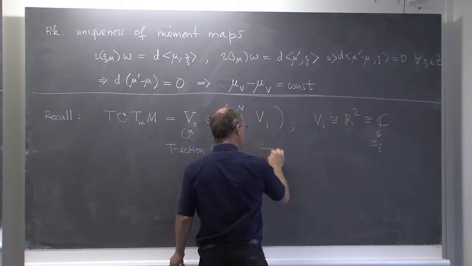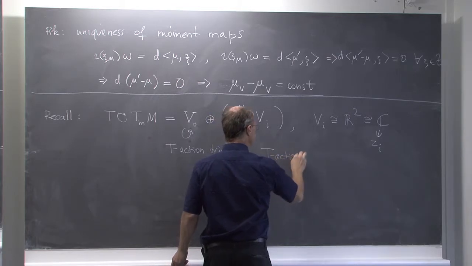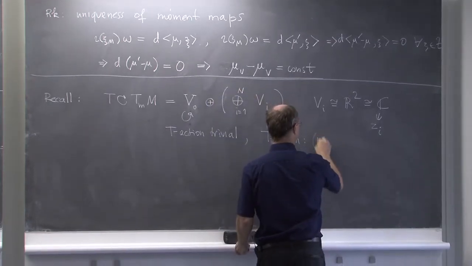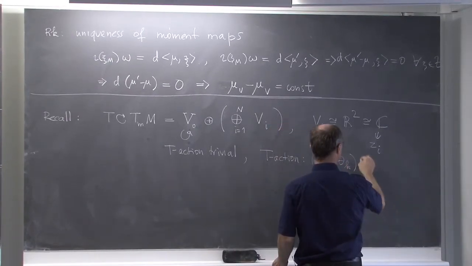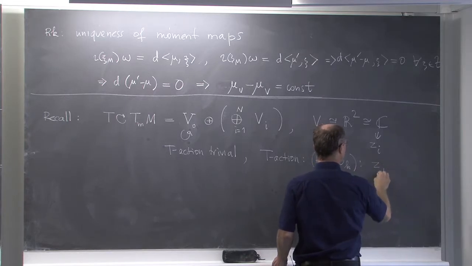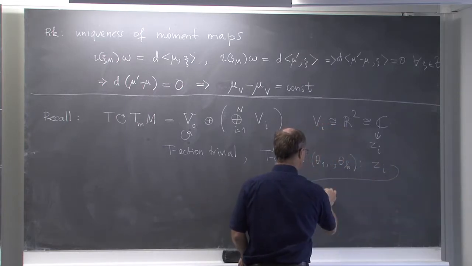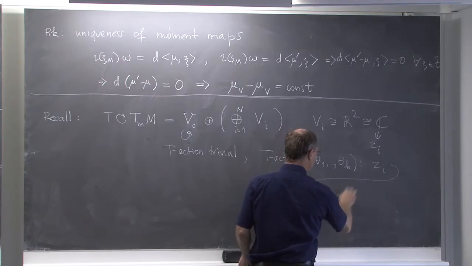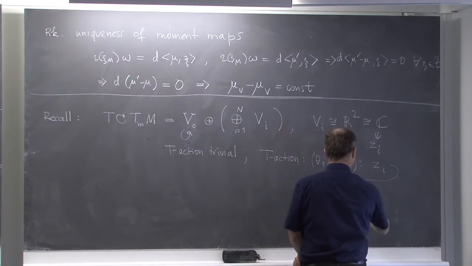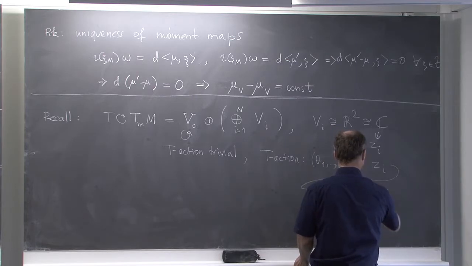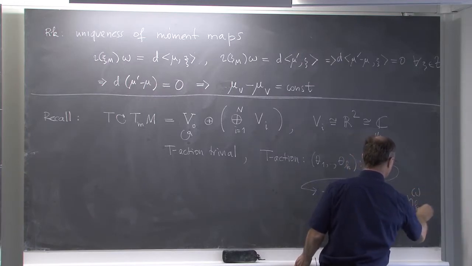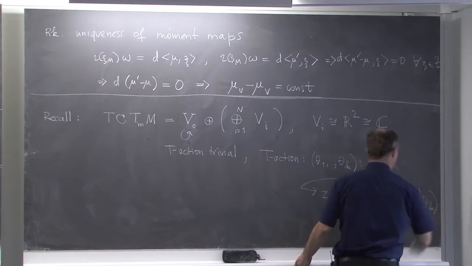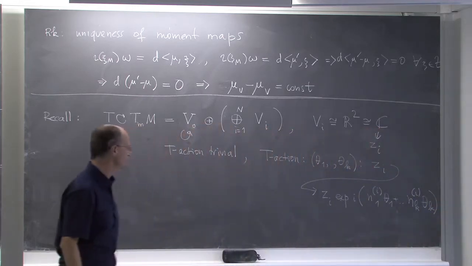Here the T action is like that: an element of our torus, say (theta 1, ..., theta k), maps zi to zi times an exponential. And here there will be some vector of integers.